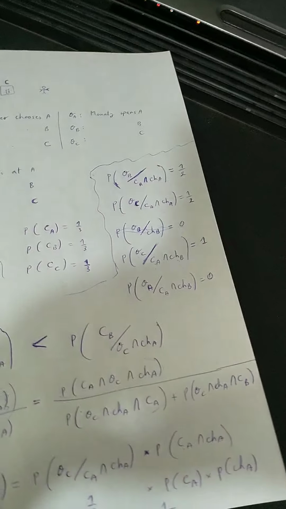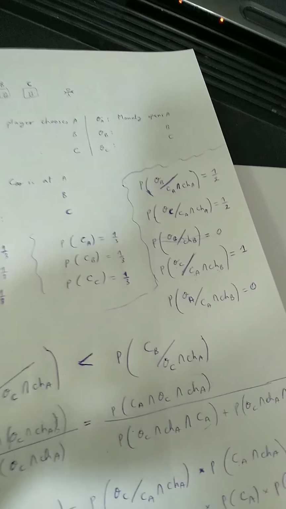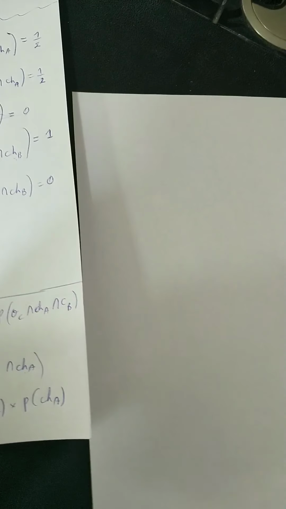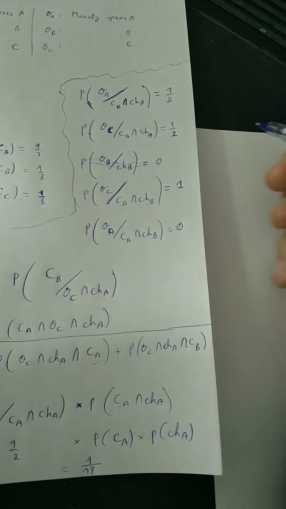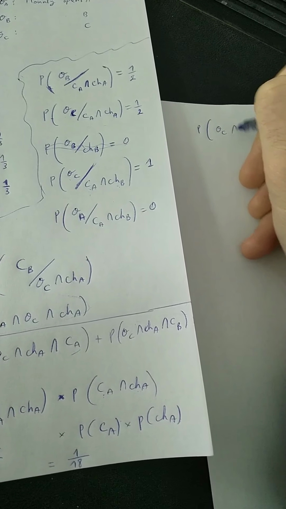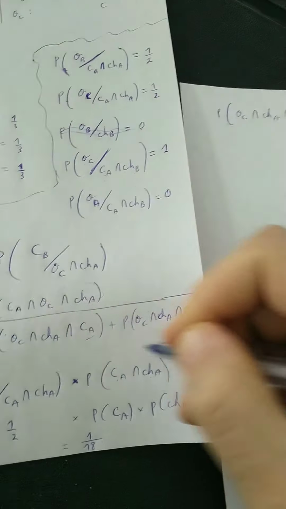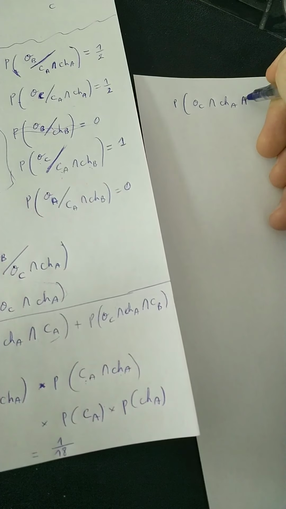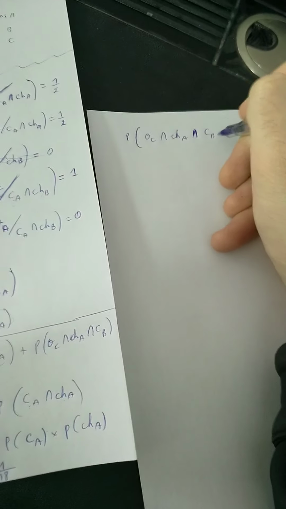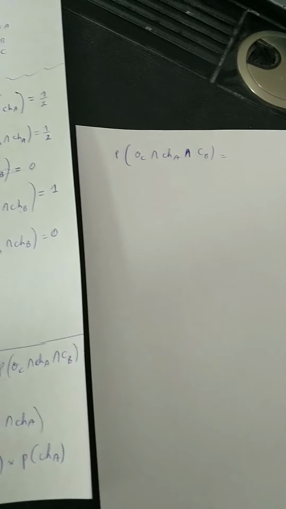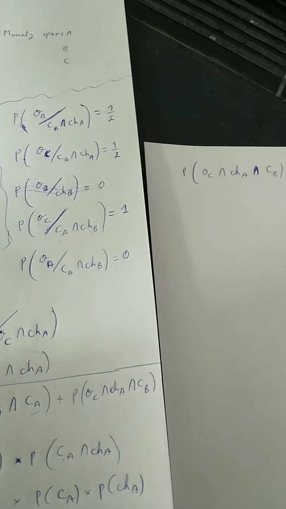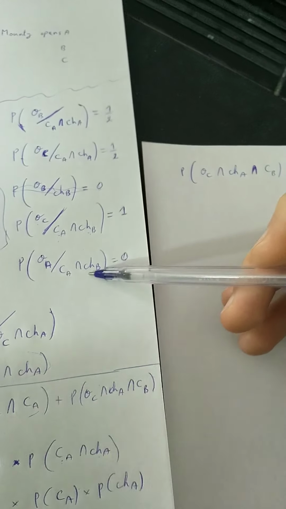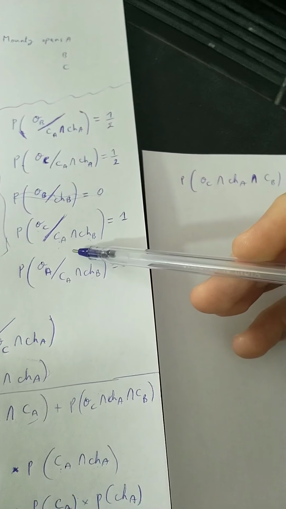Now, as for the probability of this one, let me just bring another piece of paper. Now the probability of OC intersection CHA, I'm taking this term aside, intersection CB, and we have a big tendency to use something like this, or this actually, OC given CA.